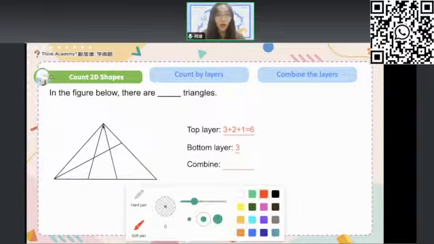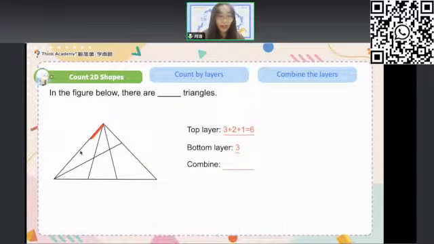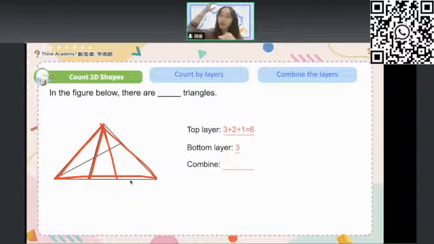We focus on the biggest part, that is now, everyone, you just ignore the line in the middle and let's focus on the biggest one. So now you see that when it comes to the biggest part, for these 3 bigger singular triangles, they share the base again. And also they share a common point. So how many triangles are there if you just combine the 2 layers? How many?